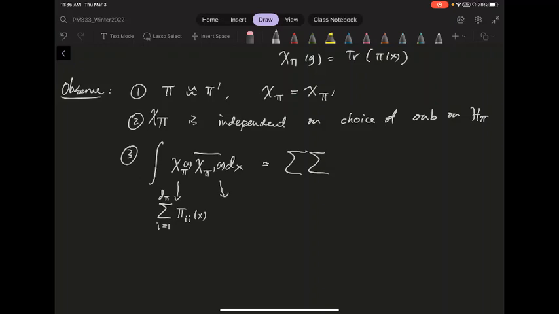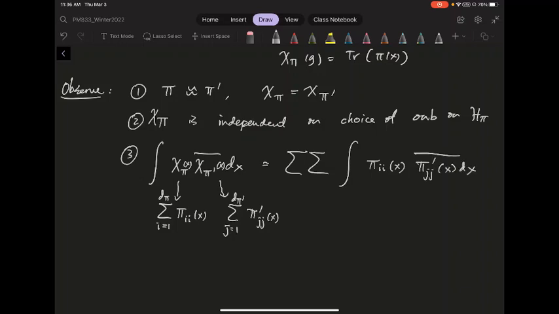And this one is a summation over j going from 1 to d_pi prime of pi prime_jj of x. All the diagonal entries sum up. So this becomes the double summation of an integral where you take the diagonal matrix coefficients and then do their inner product, pi_ii and pi prime_jj of x dx.